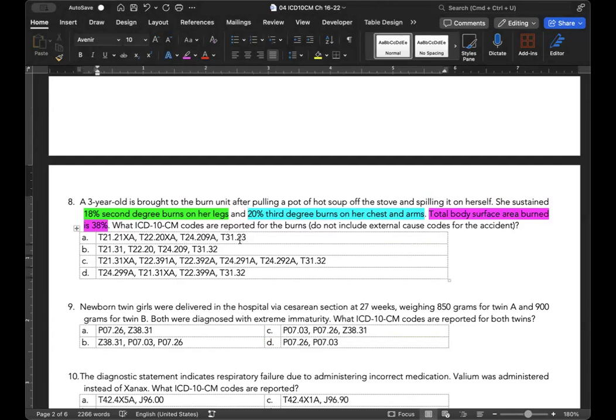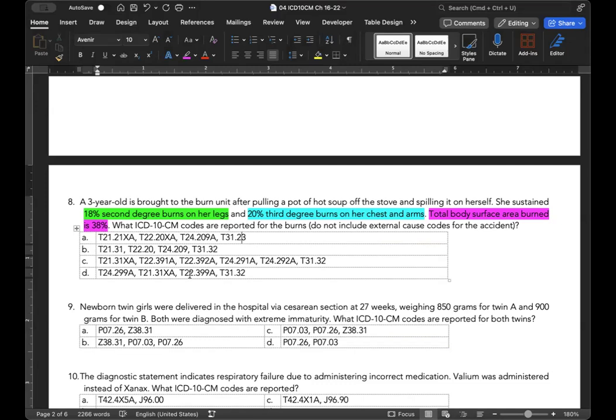So, knowing what we know about burns, if we have multiple burns of different degrees, which one should be sequenced first? Third degree or second degree? Third degree. Yep. So our third degree burn should be listed first because that is the highest severity, right?